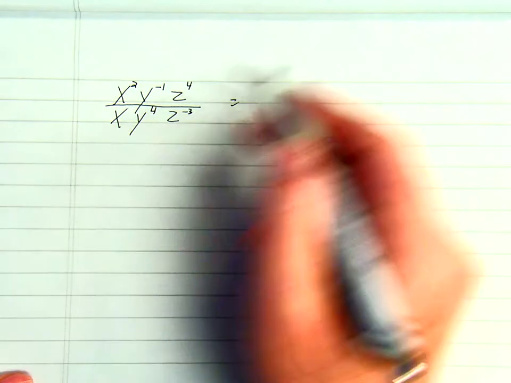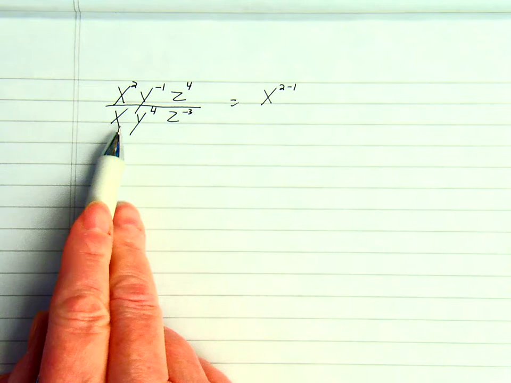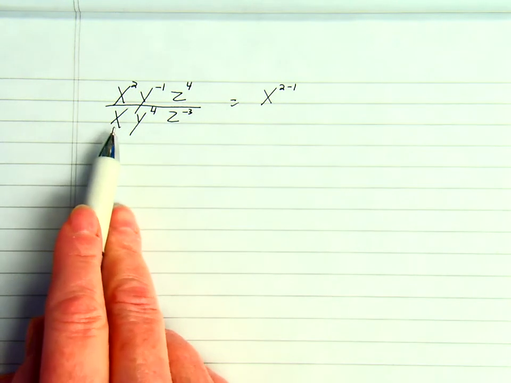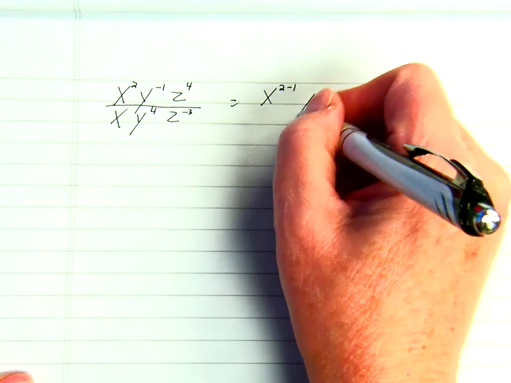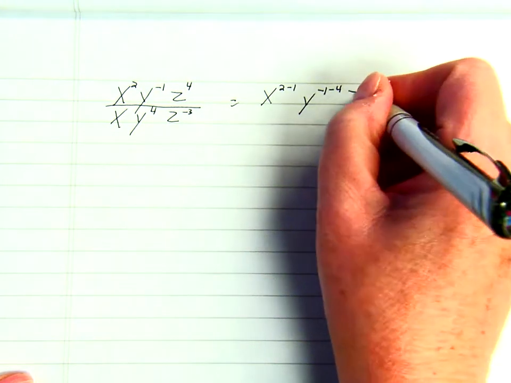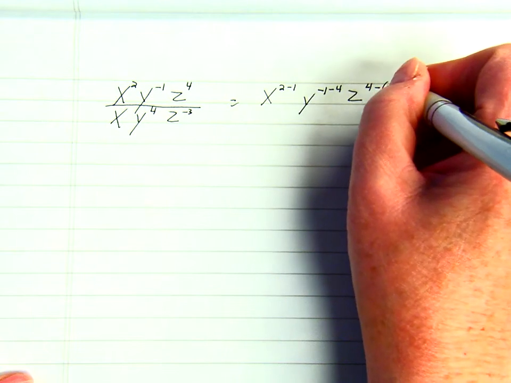I'm going to start with x to the 2 minus 1. Even though this x does not have an exponent, remember, it has an exponent of 1. So we'll start with x to the 2 minus 1, and then y to the negative 1 minus 4, and z to the 4 minus a negative 3.